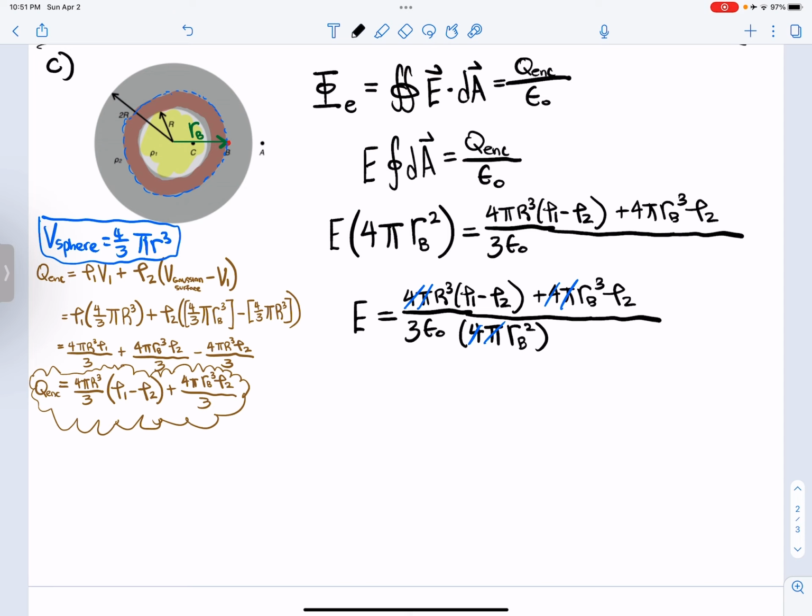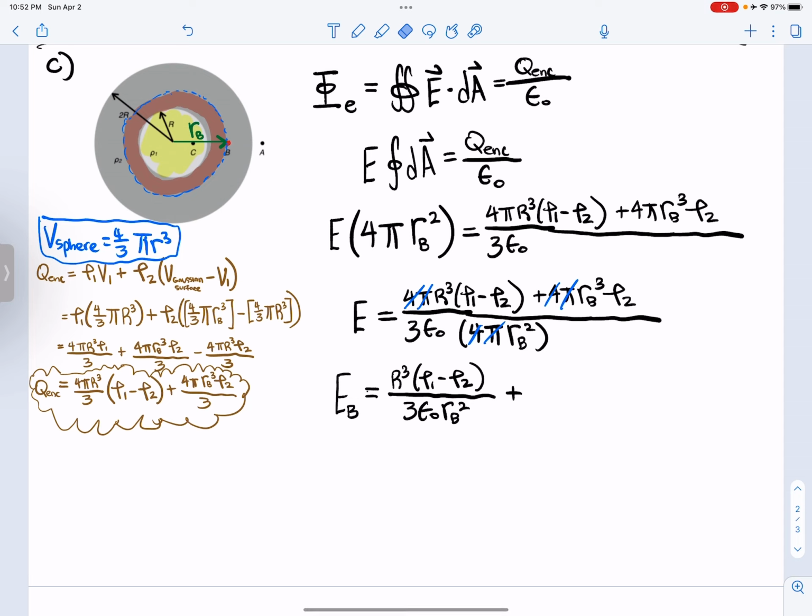Okay, so electric field at point B is going to be equal to r cubed times rho 1 minus rho 2 divided by 3 epsilon naught rb squared plus, on the right term, I could cancel out the rb squared in the denominator with rb cubed on the numerator.